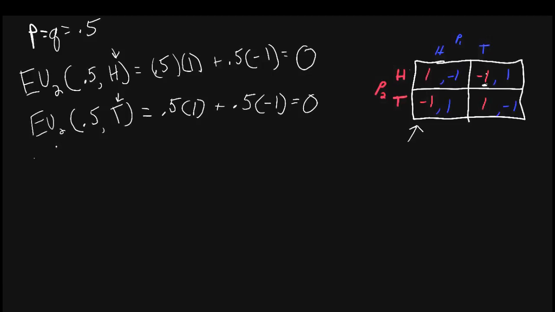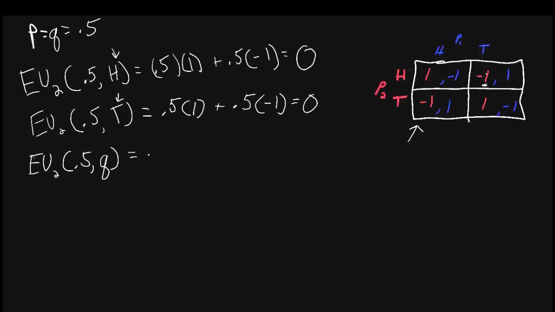And if P was less than 0.5, player 2's expected utility would be greater when he plays tails. But assuming player 1 is randomizing with probability 0.5, what is player 2's expected utility when player 2 randomizes, or plays heads, with probability Q?